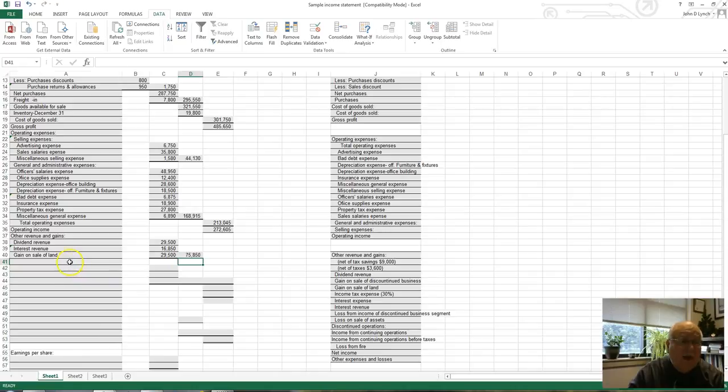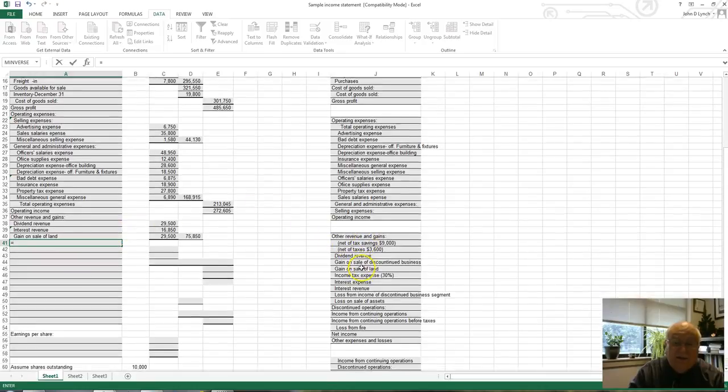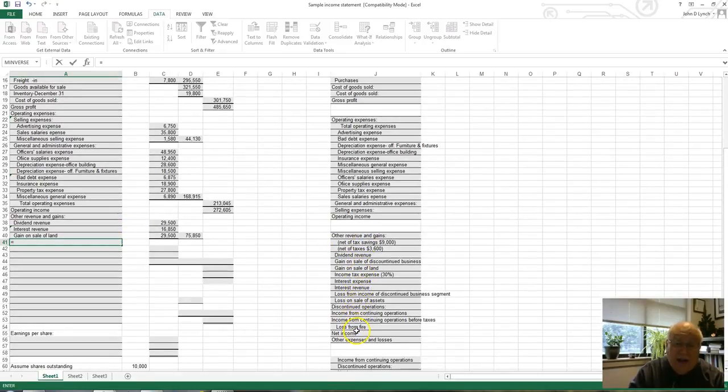So that's my total other revenue. Again, other revenues and gains is things that you earned income off of or made a gain off of that's not your normal course of business. So on the same line as other revenues and gains, we also have other expenses and losses. And again, this is the same type of thing. It's not your normal course of business.